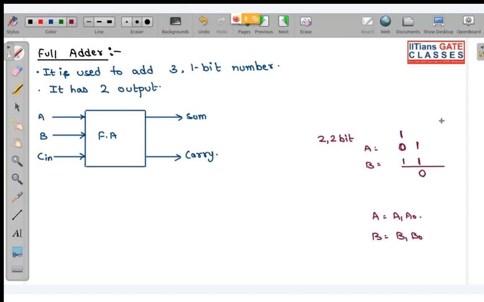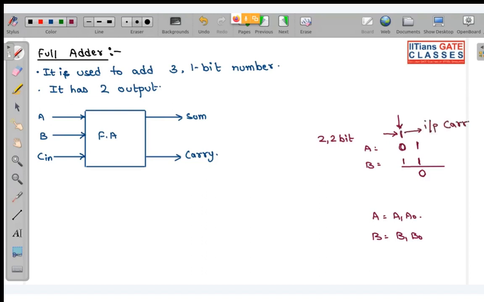Now you can see that in the MSB position, I need to add 3 1-bit numbers along with this input carry. In the position subsequent to the LSB, I require to add 3 1-bit numbers, and the third bit is your input carry.